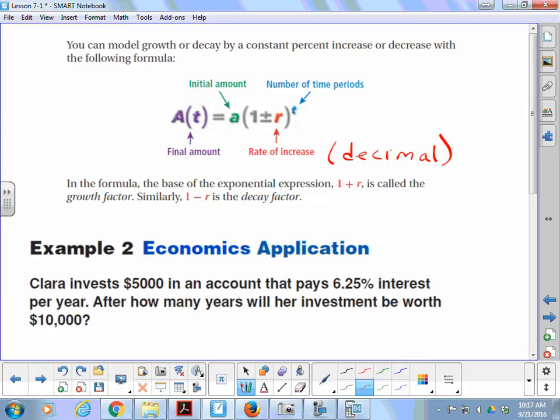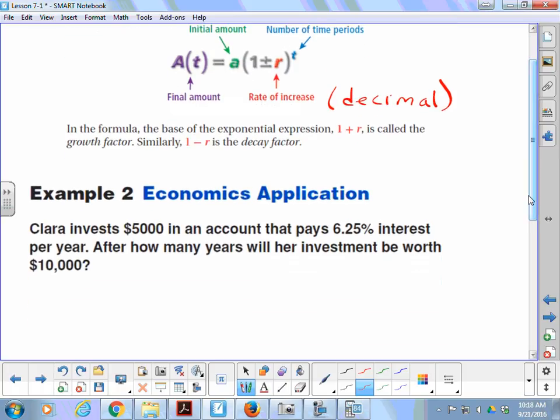And t is time. The 1 plus r is said to be our growth factor, and 1 minus r is the decay factor. If we have growth, we add that percent to 1. If we have decay, we use the minus, and it'll be 1 minus the decay percentage.